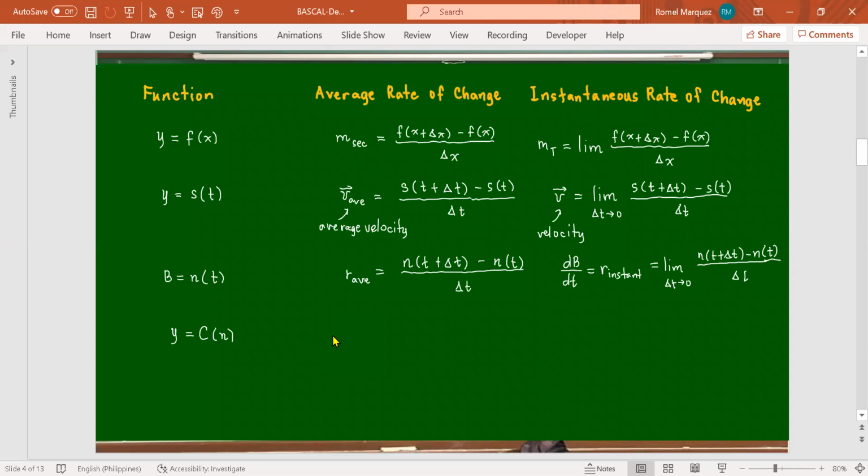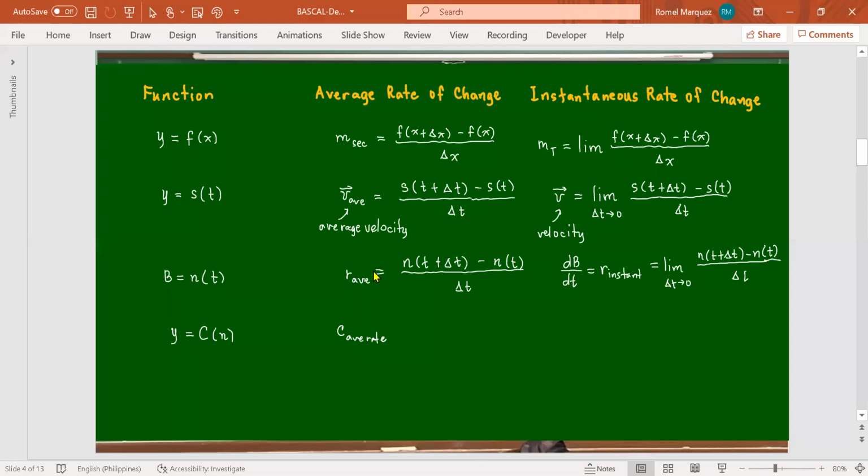So ano ngayon ang ating average rate of change ng cost? Guys, I'm not talking about average cost, average rate of change, ha?